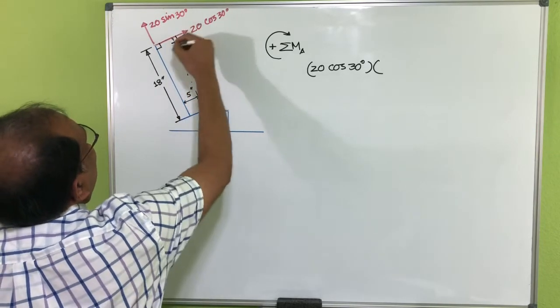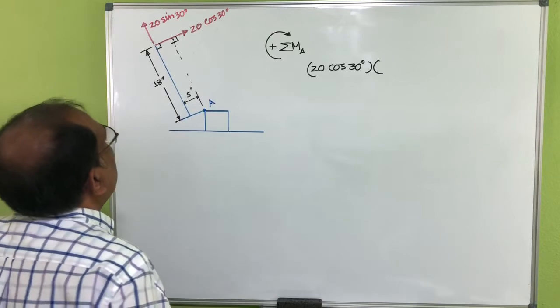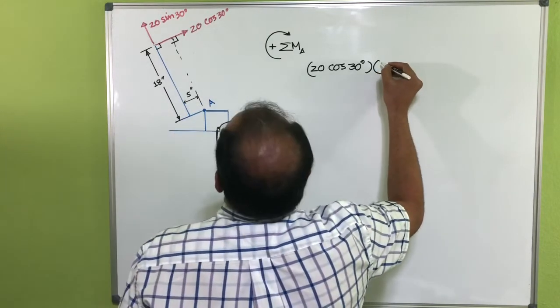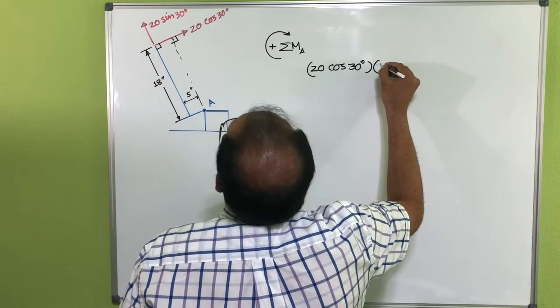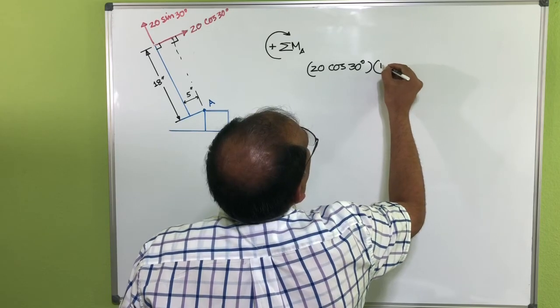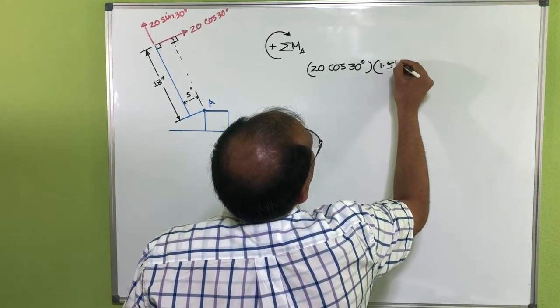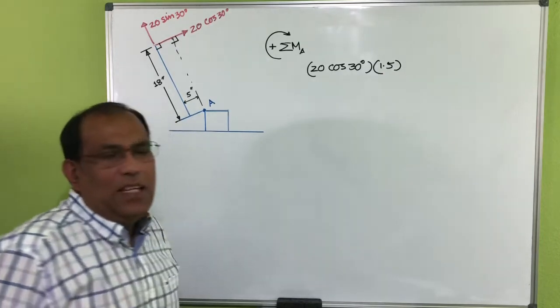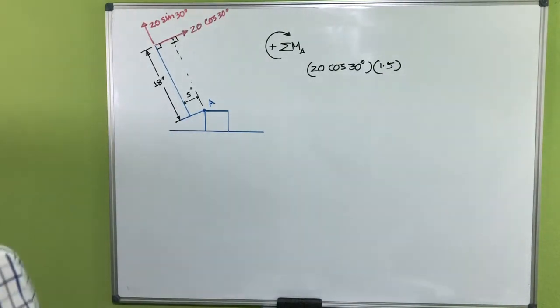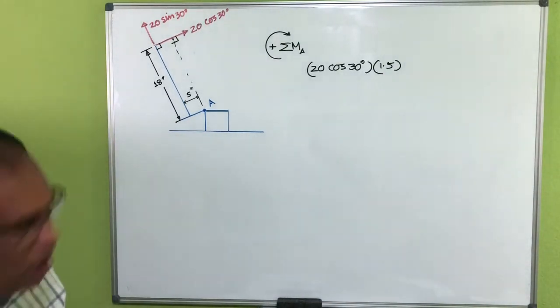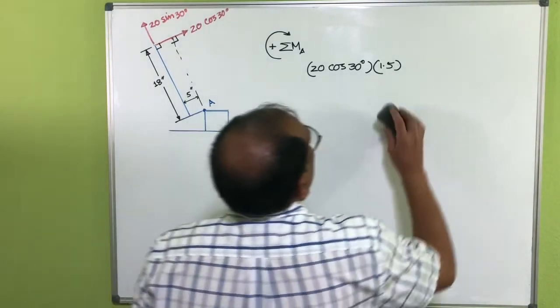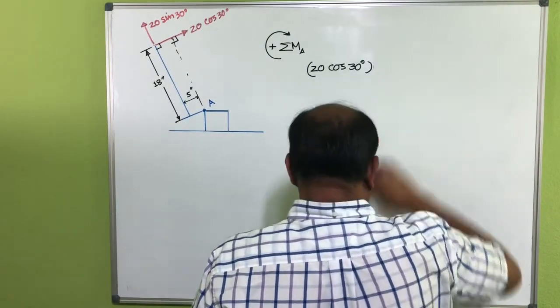So this distance is actually 18 inch. Let's say 1.5 feet. Or you can just keep that one in inch too, that's up to you.